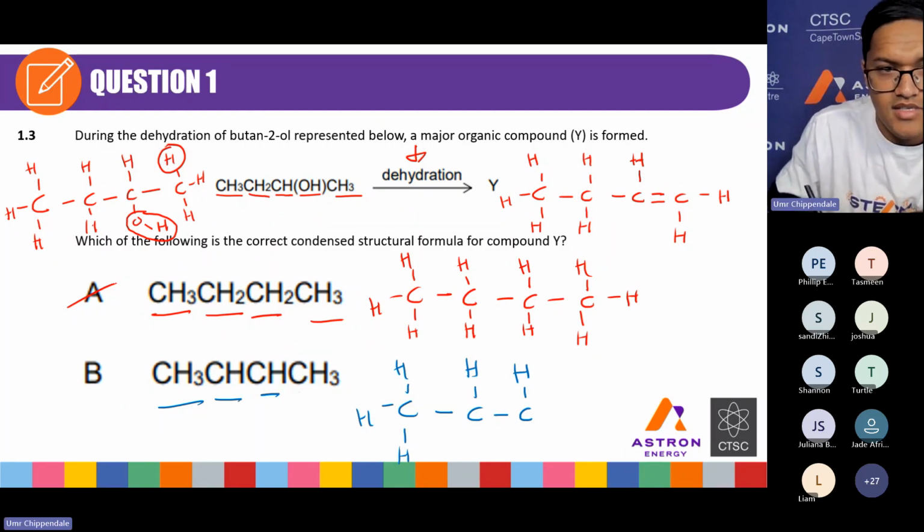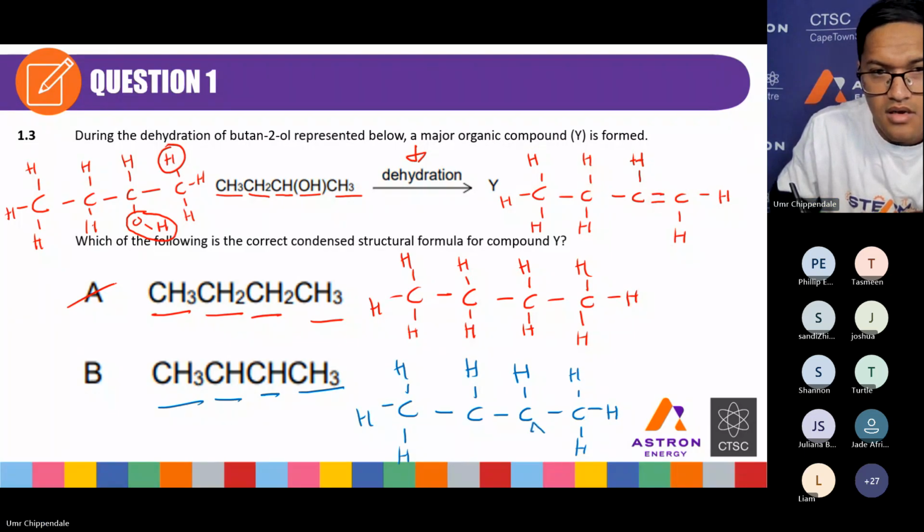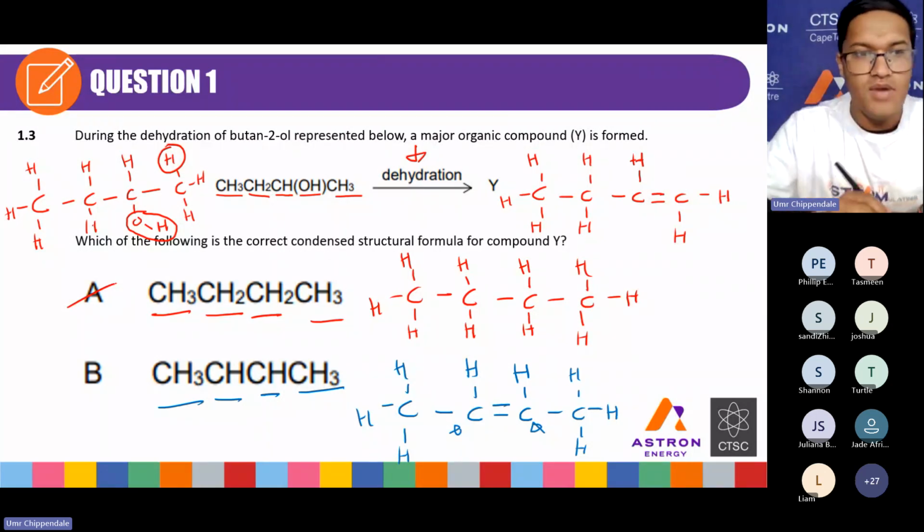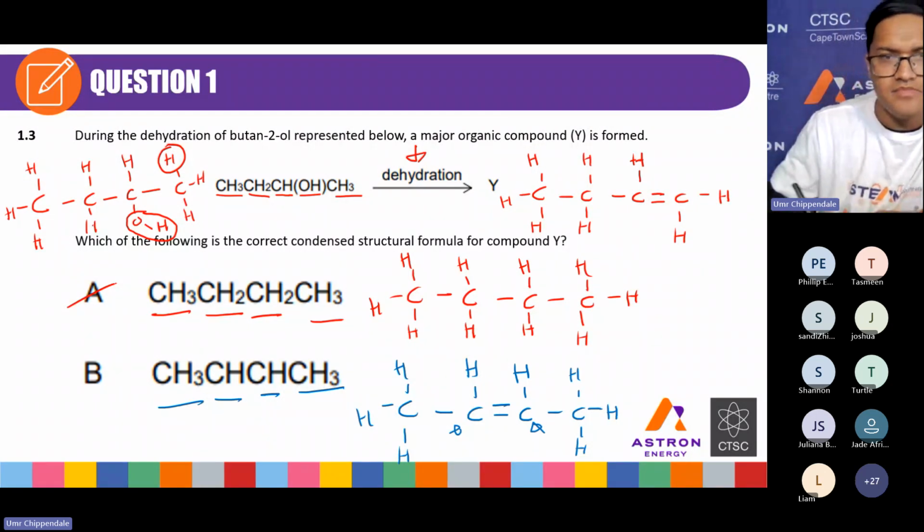Then we move on to CH3, 1, 2, and 3. As you can see, this carbon only has 3 bonds, and this carbon also only has 3 bonds, which means we put the double bond in between those. So there we can see we have an alkene, but it's not similar to the one that we have on this side.